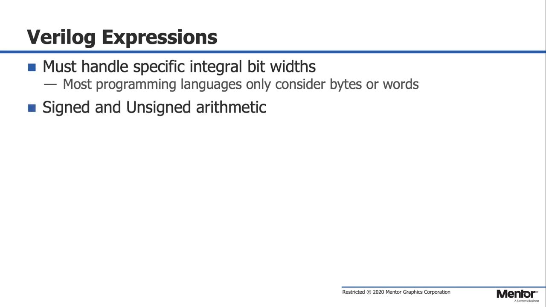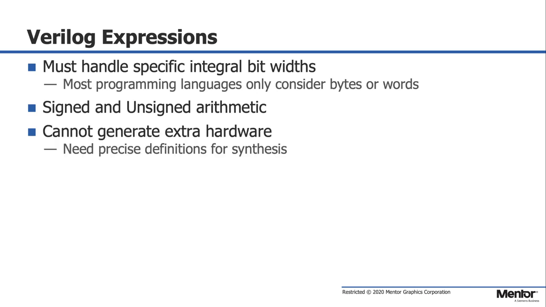And also a part of that is dealing with signed and unsigned arithmetic. There have to be precise rules for these expressions so that synthesis tools know exactly which kind of hardware to create, and we don't want a lot of extra hardware created when it's not needed. So that's why bit width is very important.